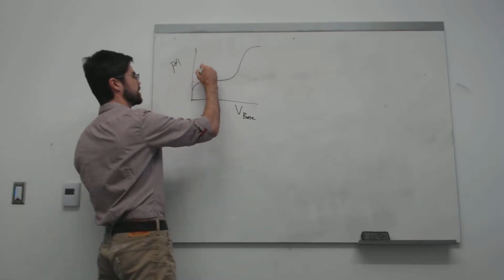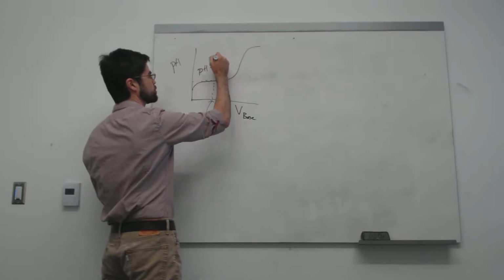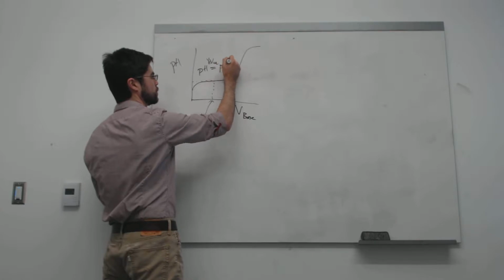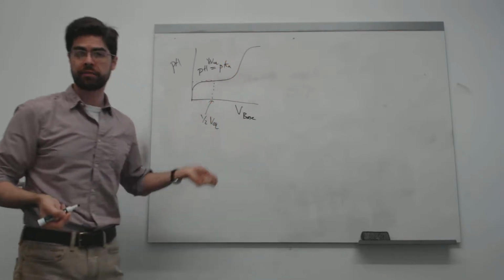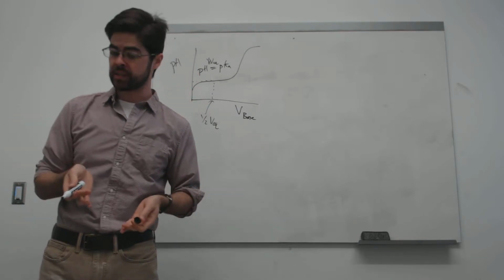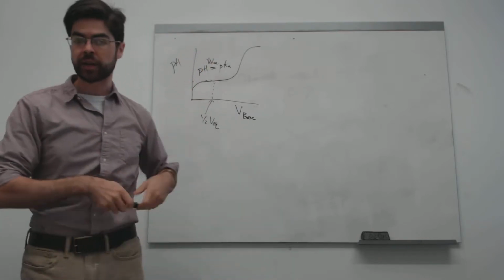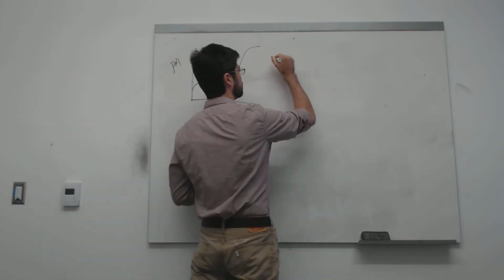Because I asserted that the pH at the half equivalence point should be equal to the pKa of the weak acid being titrated. It is always equal to it if you are titrating a weak acid.